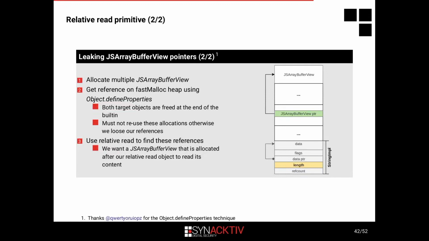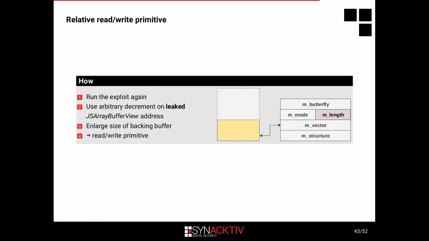To do that, we will allocate multiple JS array buffer views. Then we will push the references on the fastmalloc heap using object.define_properties. And then we can scan the heap using our relative read and find this pointer. To summarize, we have an arbitrary decrement and we have a JS array buffer view leak.